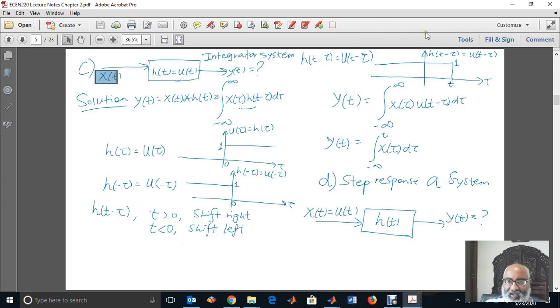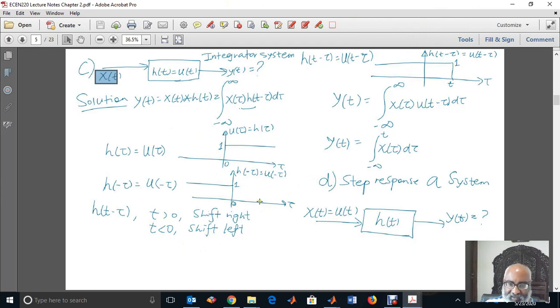So let's say now we arbitrarily take t positive and we shift it right. So the flipped signal will shift to the right, and every point in time will be shifted by t. So the 0 point here will go to t.